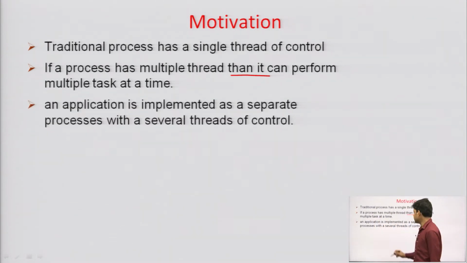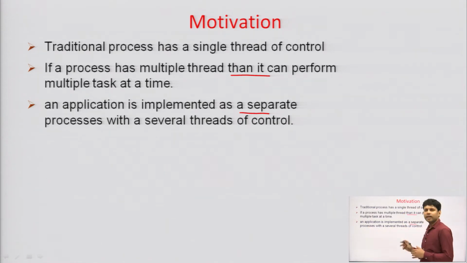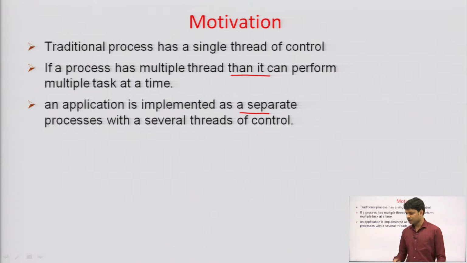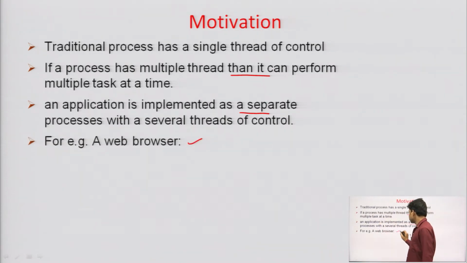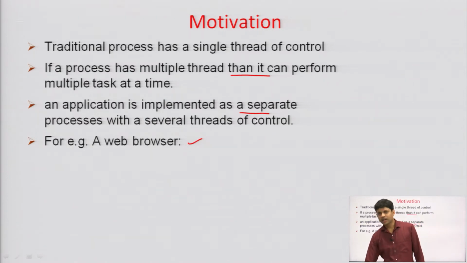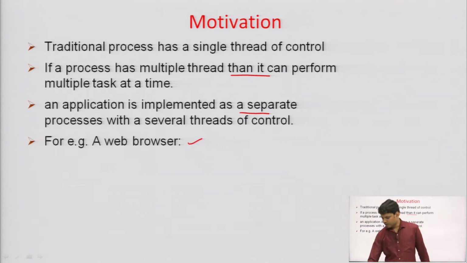An application is implemented as a separate process with several threads of control. For example, a web browser. Let's see how a multi-threaded architecture is used in a web browser.